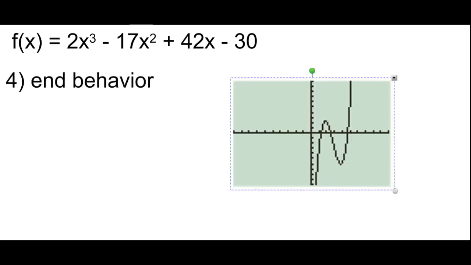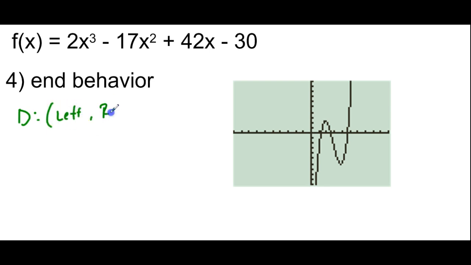So for the end behavior, the last part, we want to find out what is actually going on with this. Like I said in the beginning, we want to find our domain. Remember, domain goes from left to right, and we're always looking at our end behavior, as in the arrow at the end.